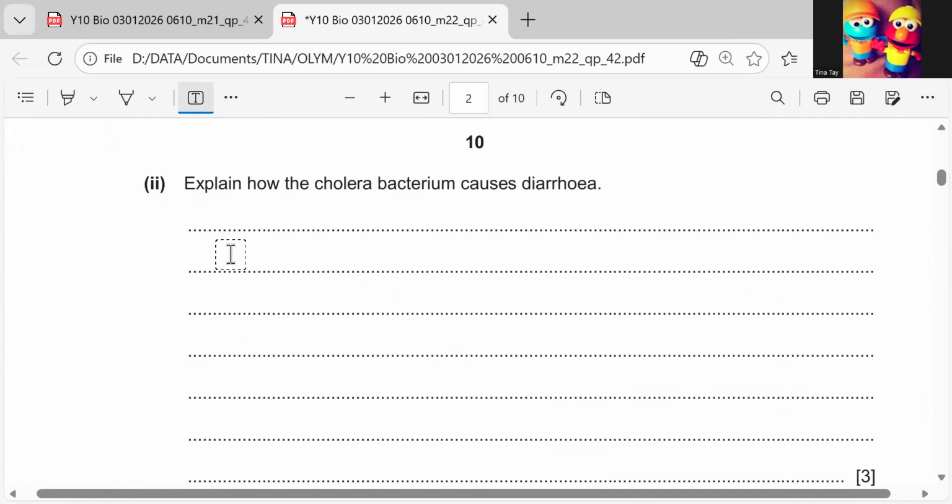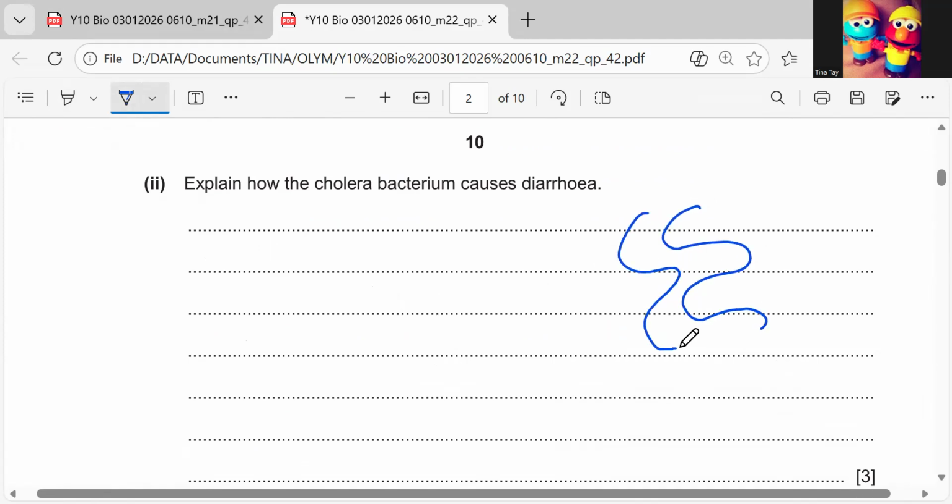What happens? And osmosis. It secretes toxin. This is the small intestine.